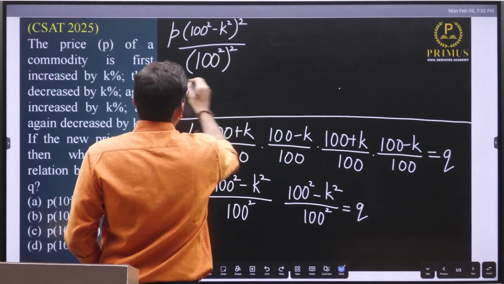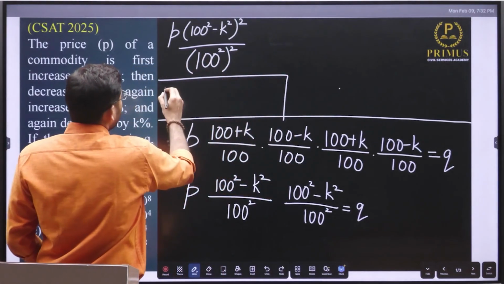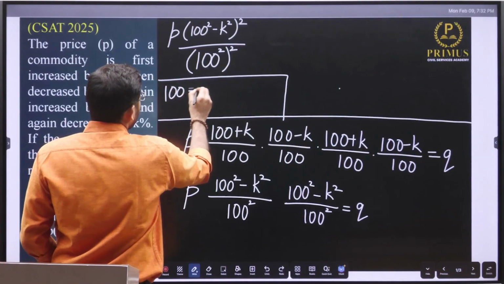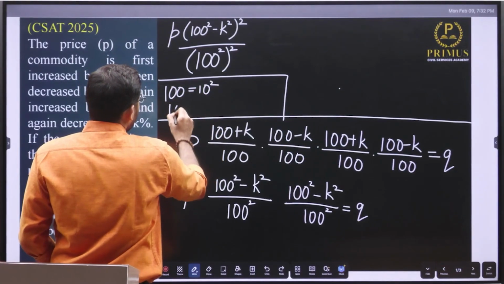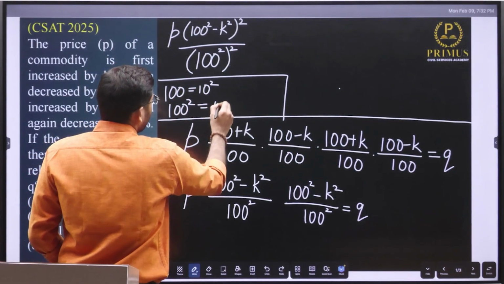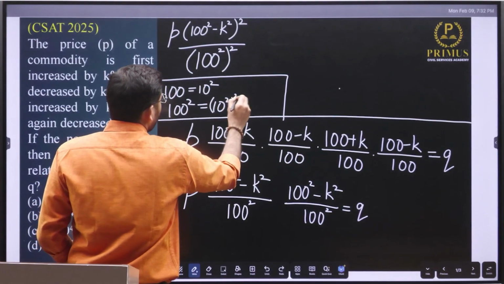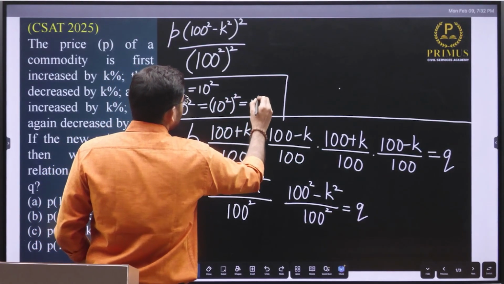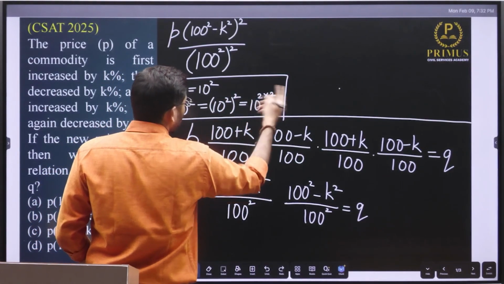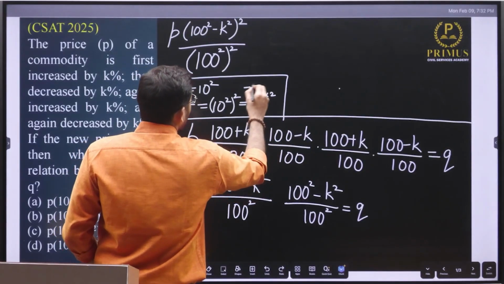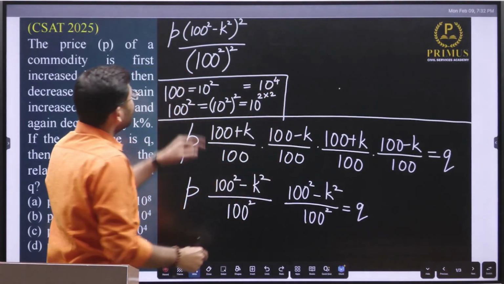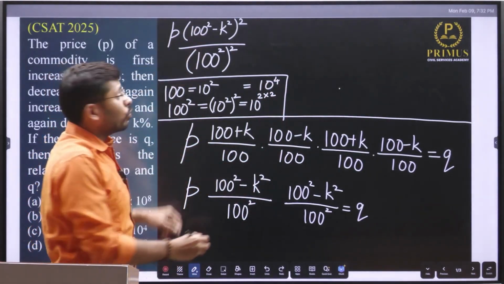Now, if you observe one thing, 100 itself is 10 square. So 100 square will be (10 square) whole square, and we have learned that this is 10 power 2 into 2, that is 10 power 4. So instead of 100 square, I can write 10 power 4.